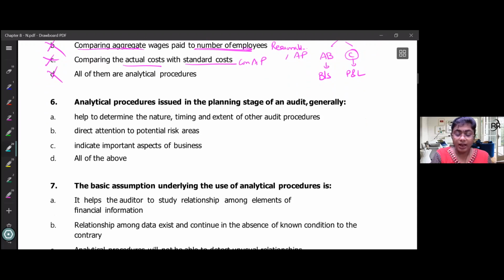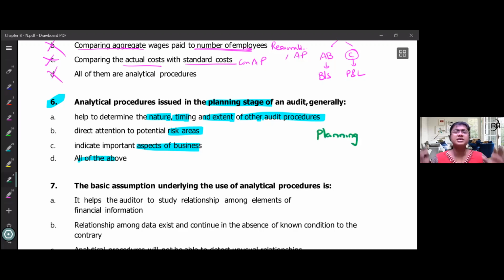Sixth one. Analytical procedures are used in the planning stage of audit. We said analytical is used in planning, performing, as well as completion phase. So in the planning phase, to determine nature, timing, extent of other procedures, to direct attention to risk areas, indicate important aspects of business, all of the above. In the planning phase, we are just planning the audit.